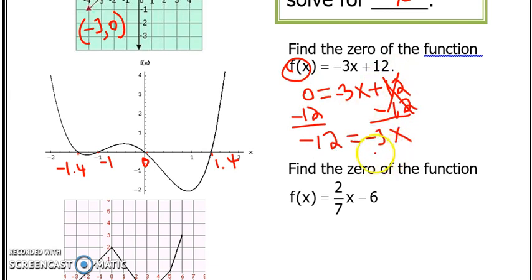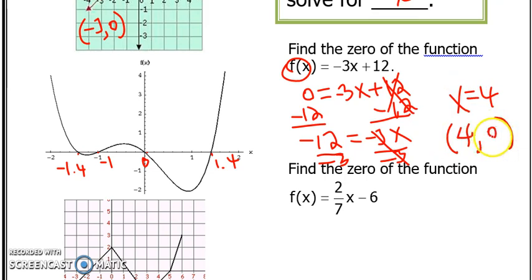We're going to solve for x. Divide each side by -3. -12 divided by -3 is +4. So x equals 4. So the answer is (4, 0). When I plugged in 0 for y, I got 4. And 4 is a zero of the function.